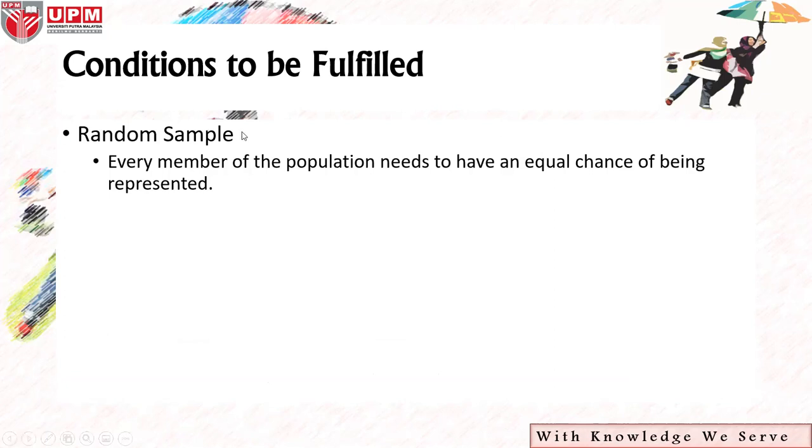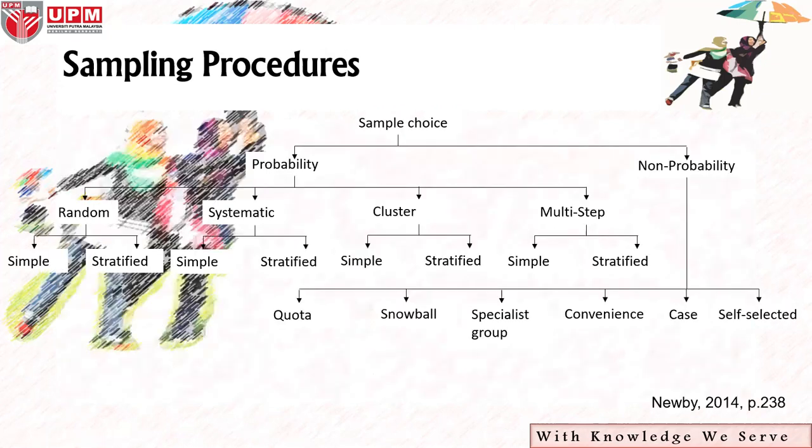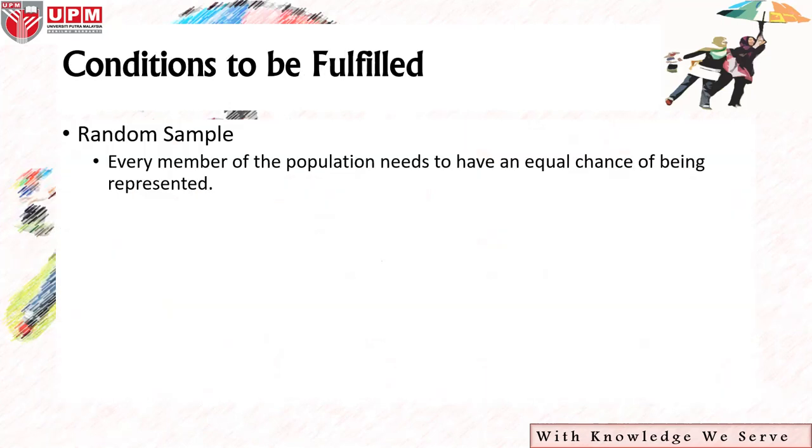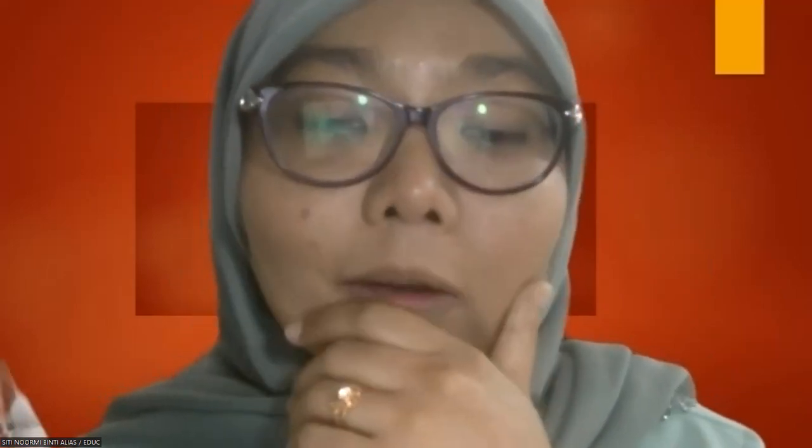Apa maksud random sampling? Semua orang ada peluang yang sama untuk terlibat ataupun tidak terlibat dengan kajian. Kaedah yang saya biasa cadangkan untuk menentukan randomization ni, there are few techniques. But one of the technique, the easiest technique that I always share to my student is by using Excel.